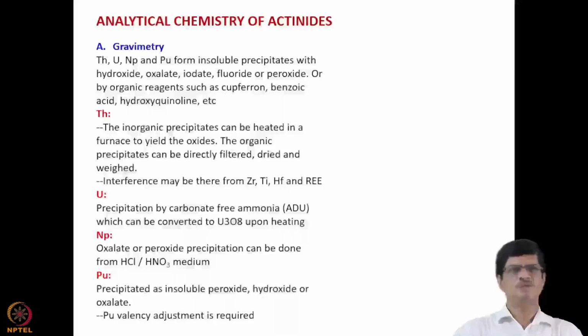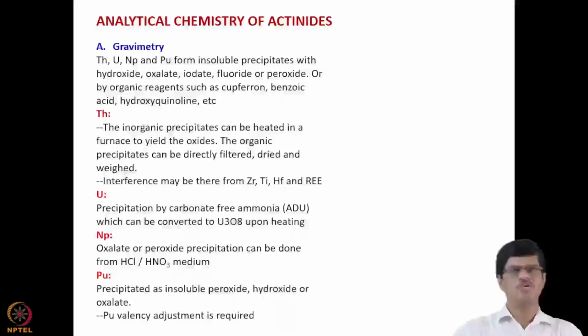Uranium precipitation can be done by carbonate-free ammonia to yield ADU, or ammonium diuranate, which can be converted to U3O8 upon heating, and then by weighing this we can find out how much uranium is present in this final product.